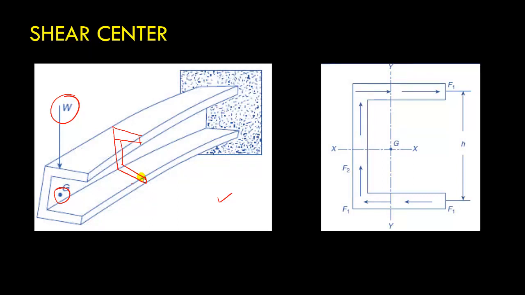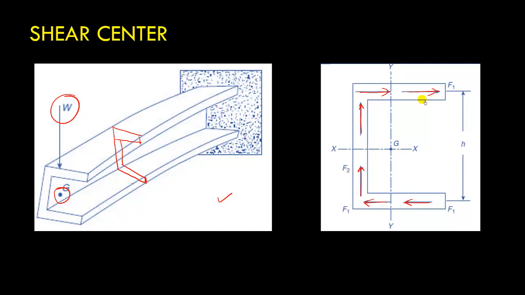We have already learned in the previous courses that in this case we will have a shear flow, and through this portion, that is the flange portion, the shear will flow in this direction, and from the web shear will flow in this direction. Similarly in this case shear will flow in this direction.